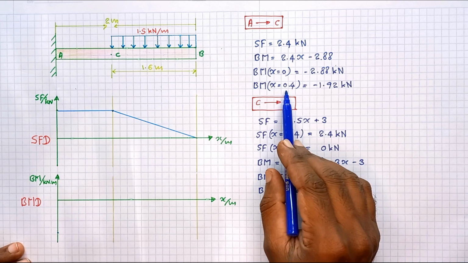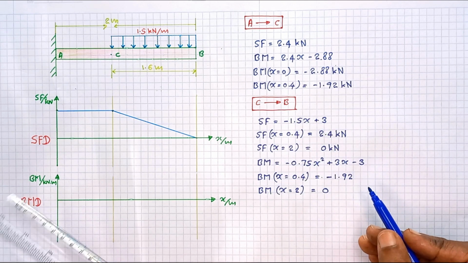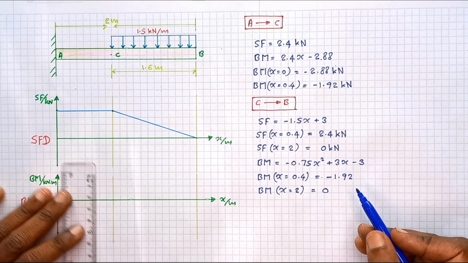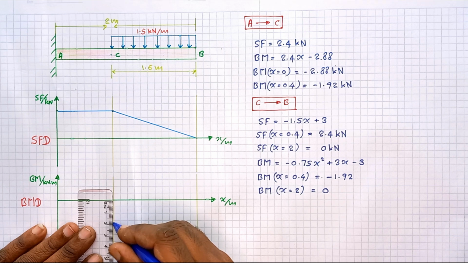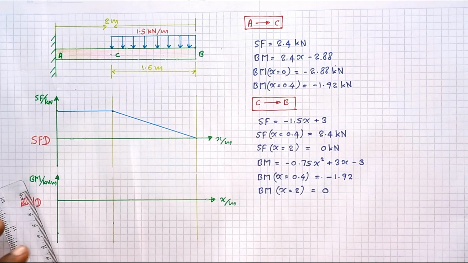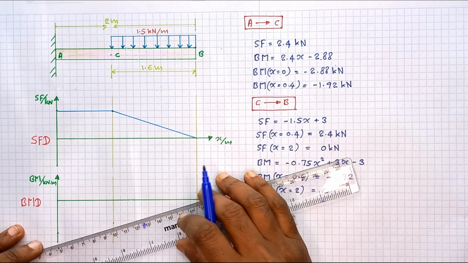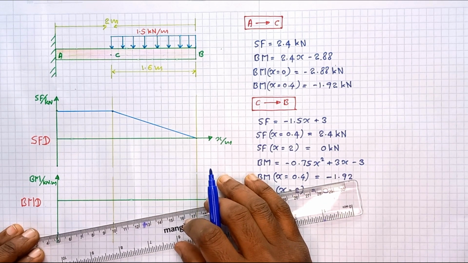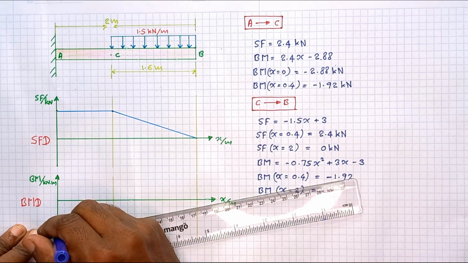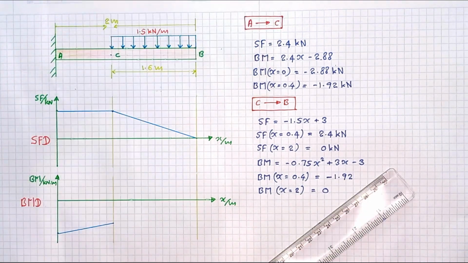Then at x = 0.4, that is also negative, -1.9, somewhere here. Okay, let me draw the line. This is how the bending moment varies through the length of A to C.